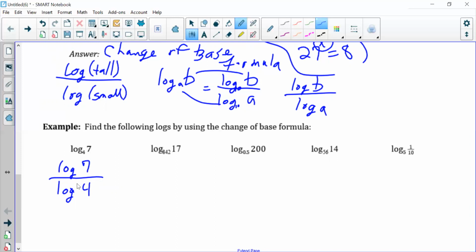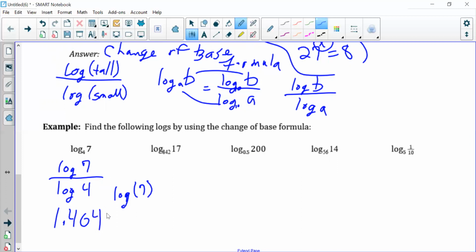Log on my calculator, 7, and then I have to remember to manually close the parentheses before I hit my little fraction button over the log of 4. And that equals 1.4036, so it's going to be 1.404.